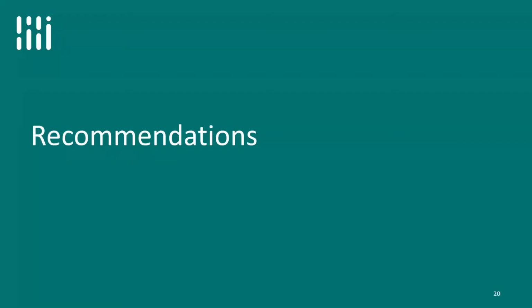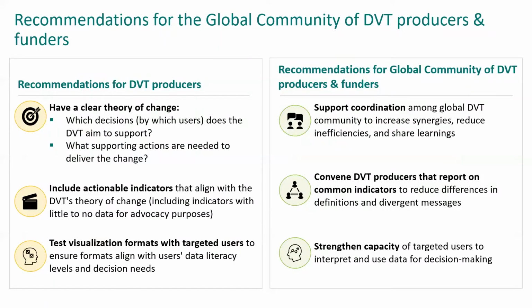So moving to the last section, what are some of the recommendations then? We have recommendations for two sets of audience, and I'll start first with the DVT producers. First, to have a clear theory of change, namely to have clarity on which decisions by which users the DVT aims to support. In addition, what supporting actions are needed to deliver the change.